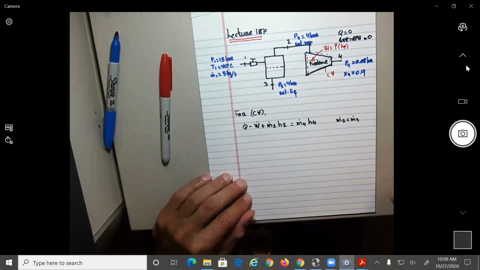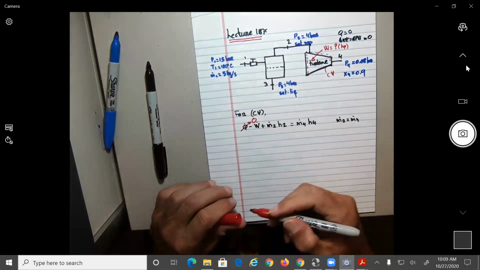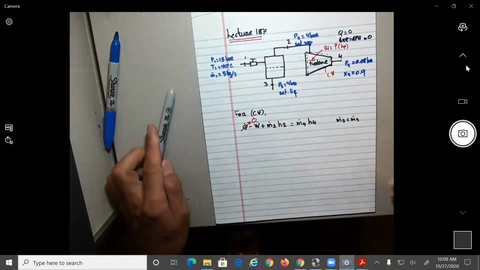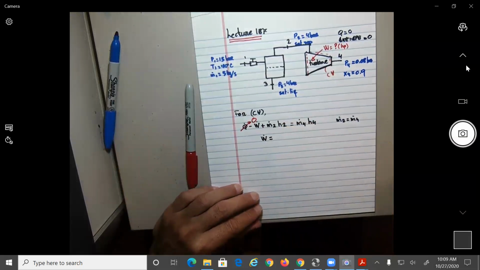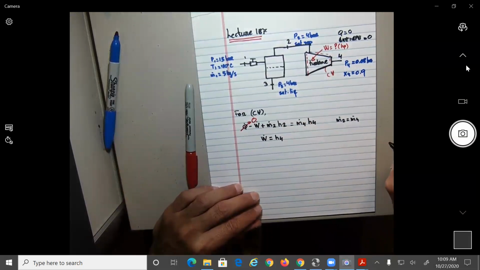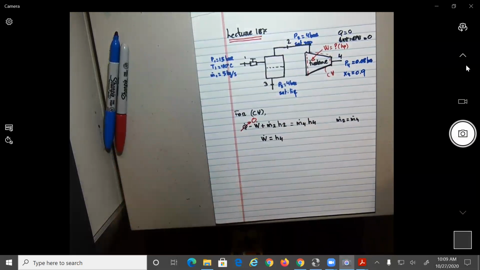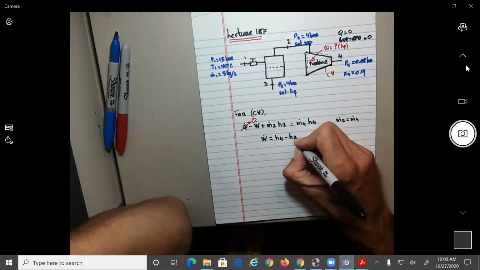So what would that mean? We know there is no heat transfer. So this is 0. So we could say that the power of the turbine here would be equal to what? H4 minus H3.